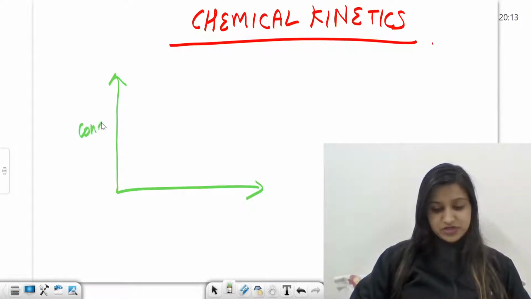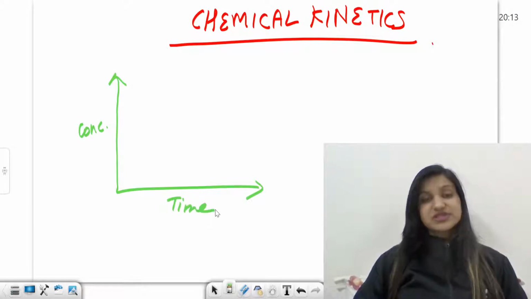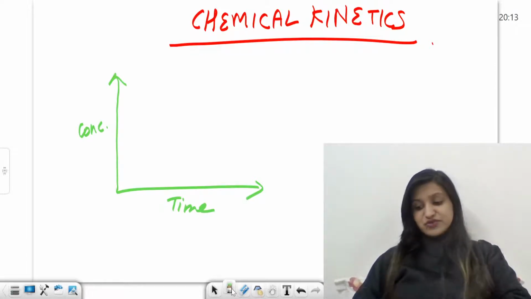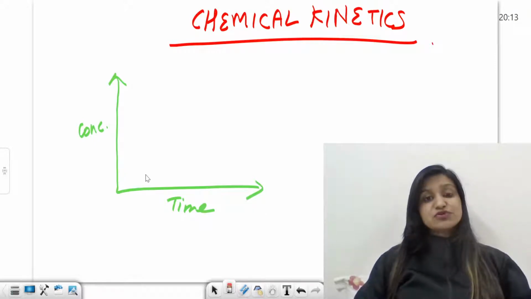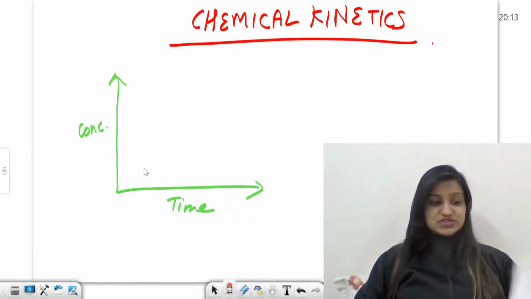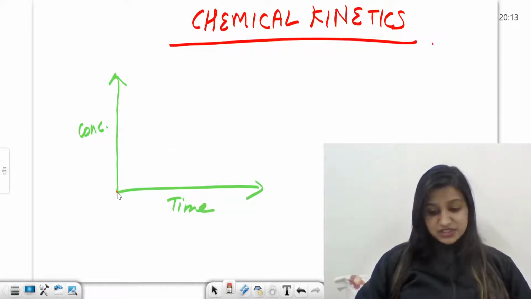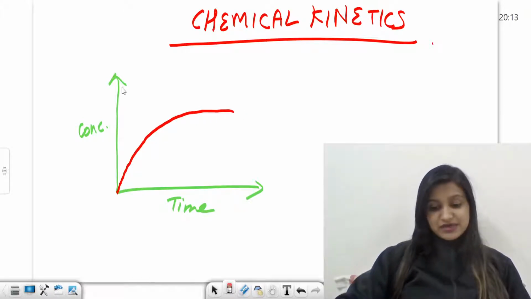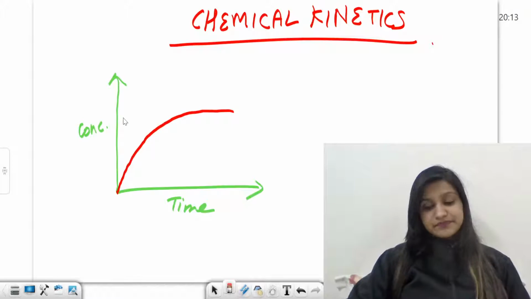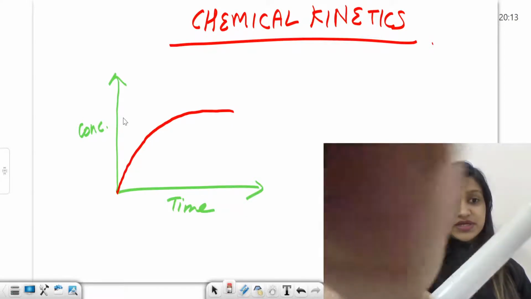Here we take concentration, and as usual time on the x-axis. We know that if you take the reactant, it starts from 0, right? So the graph goes something like this, right? And for the other one, just give me a moment, guys.